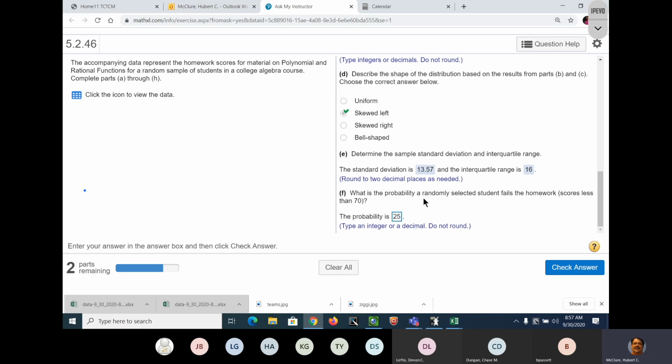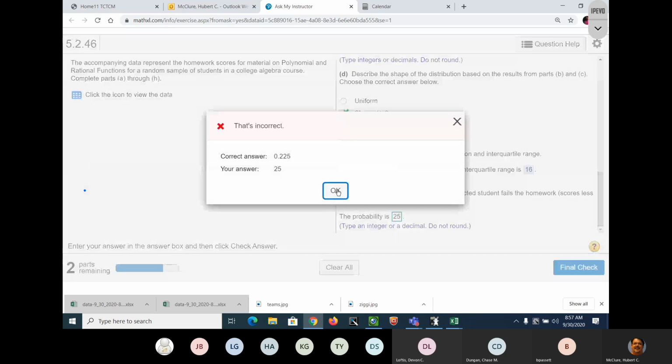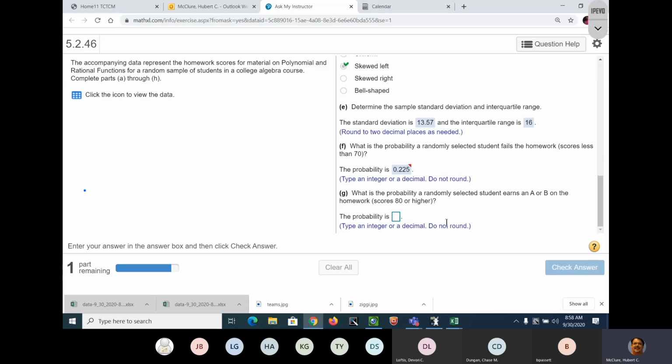So what is the probability a randomly selected student fails the homework, scores less than 70? I'm a little bit confused. Okay, 0.225. I'm a little bit confused on how they got that answer, but I'll get back to it in a minute.